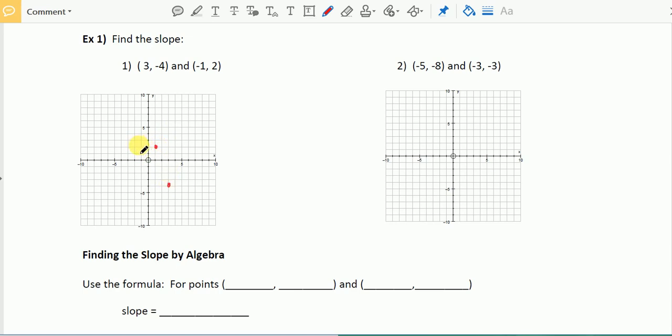So we go from left, we hit this point first, and go to this point, you have to go down and then go to the right. So go down, go to the right, or it's rise over run. So you go down from 2 all the way to -4. That means you go down by -6.